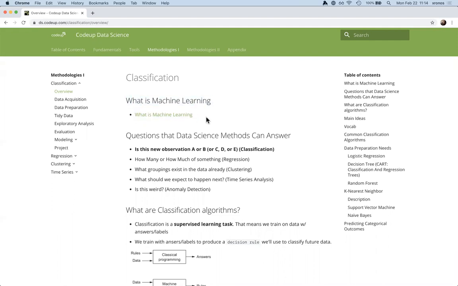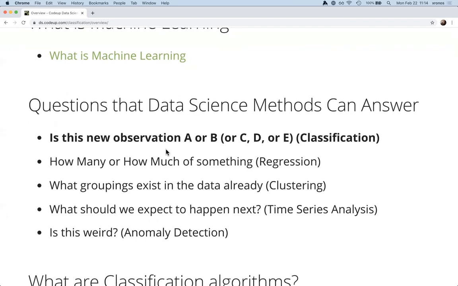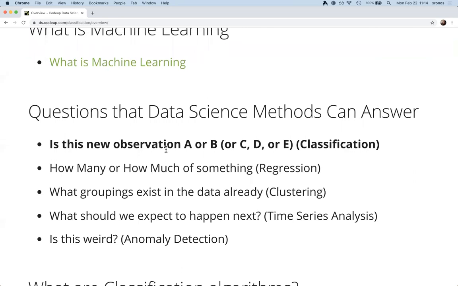A high-level overview of machine learning is pattern matching, essentially. And what I'm going to zoom in on, this may seem like an oversimplification, but looking at the questions that our data science methods can answer, it really boils down to one of these 5 questions, regardless of the algorithm name or anything else.